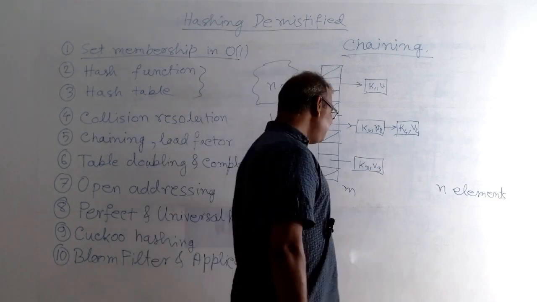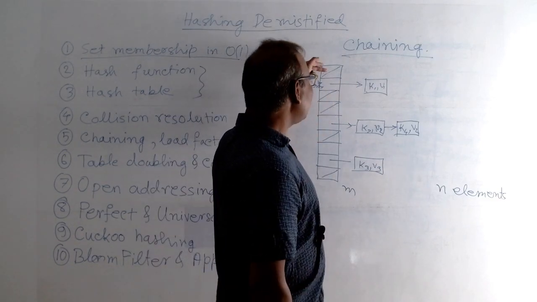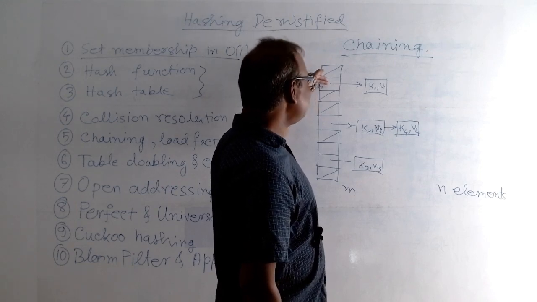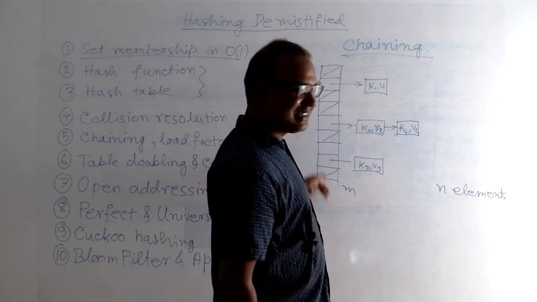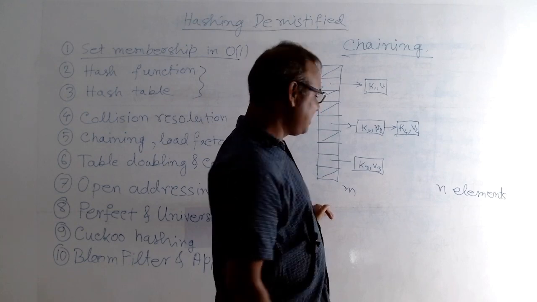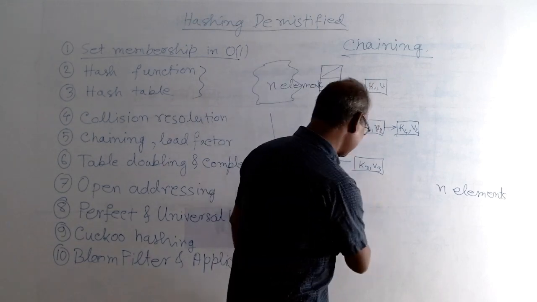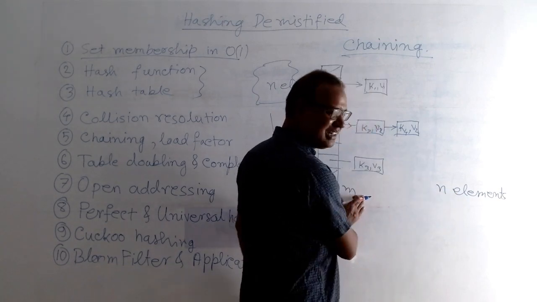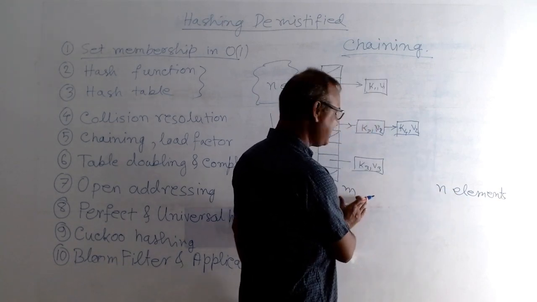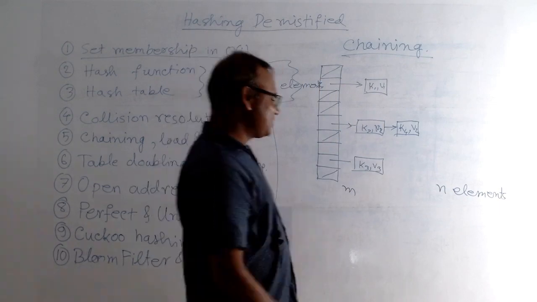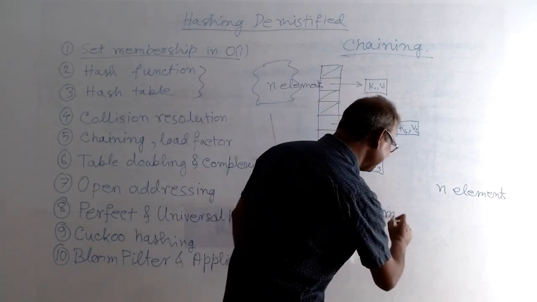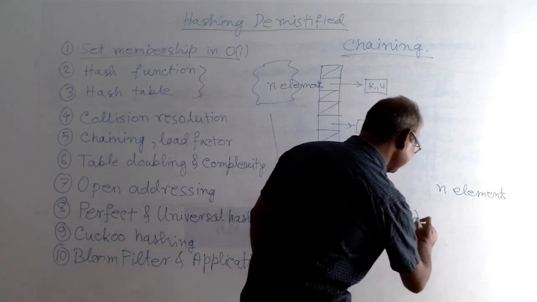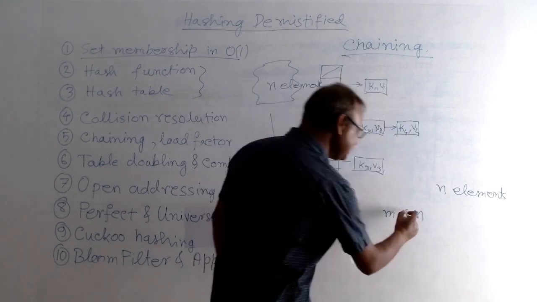Now, how many elements are present in each slot? There are m such slots, and n elements are distributed over m such slots. Now we come to the question: what should be the sizes of m and n? Should we take m less than n?